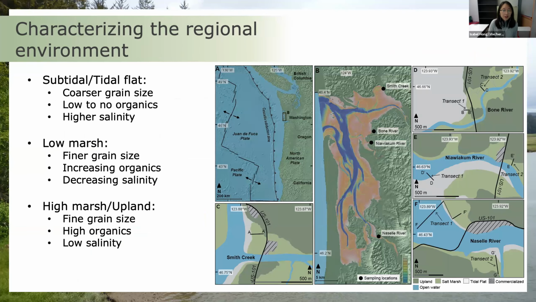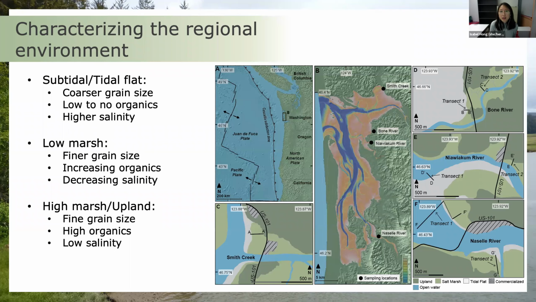And so to characterize for you generally what we saw with the individual transects, and combining all of those observations to characterize it from a regional scale, what we found is that in the subtidal and the tidal flat environment, we found generally coarser grain sizes. So they tended to be sand-sized grains as opposed to silt or clay-sized grains.